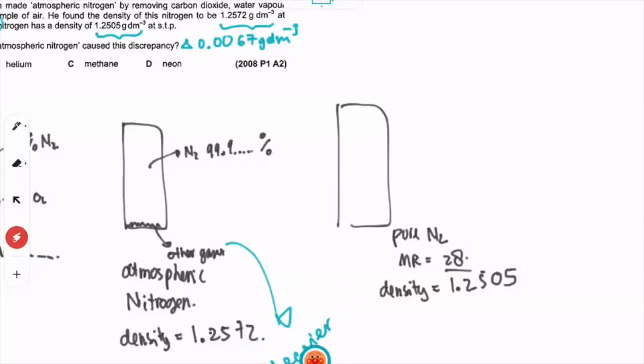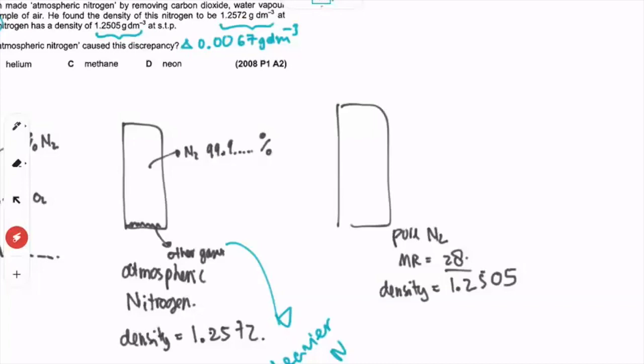Then the argon is used for something like light bulb, which does not have much use now because people don't use light bulb anymore. Then you have other things. So that's argon.